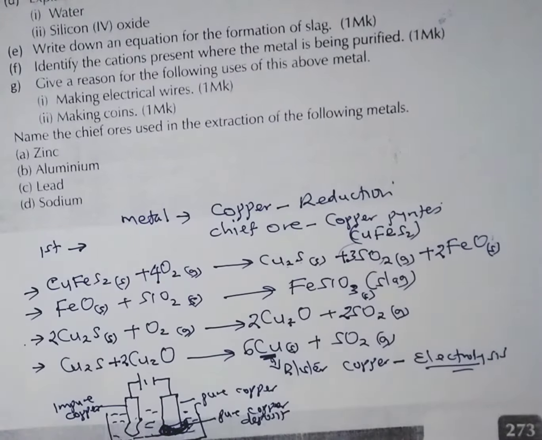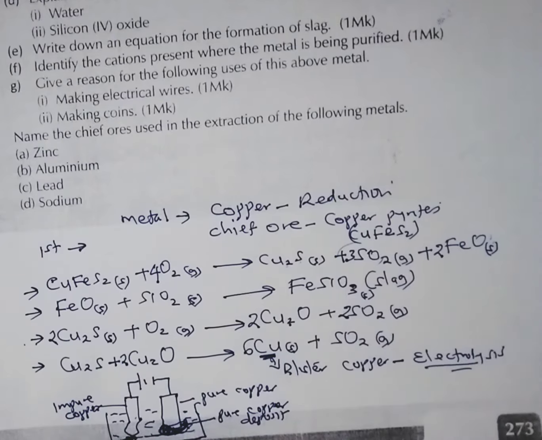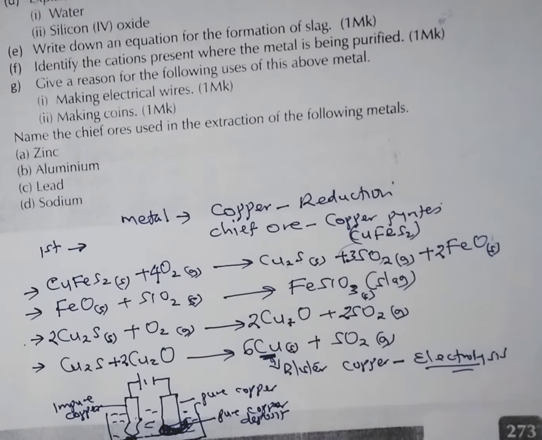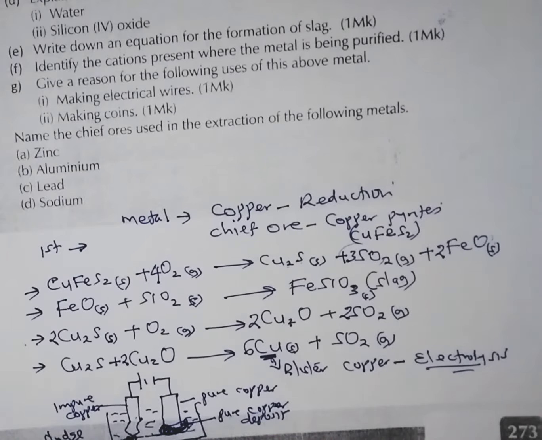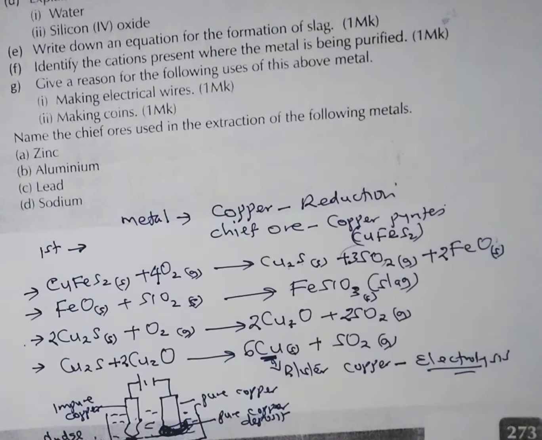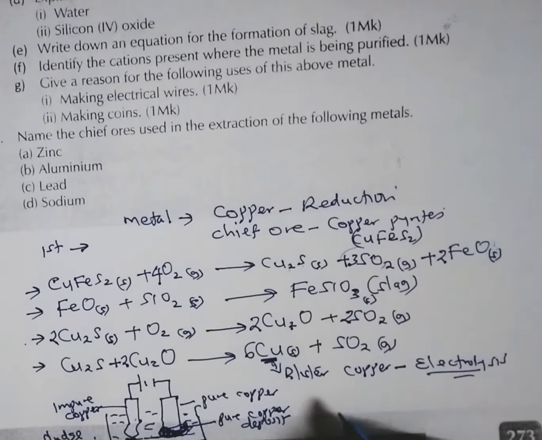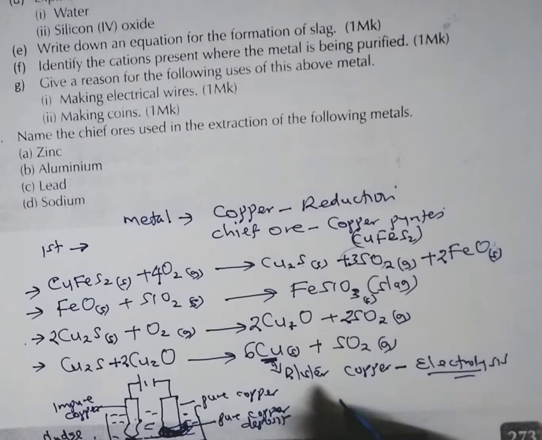From there, the impure part will be deposited below the anode as large impurities, and in this case we could have now purified our copper metal. But we have two important reactions that take place.